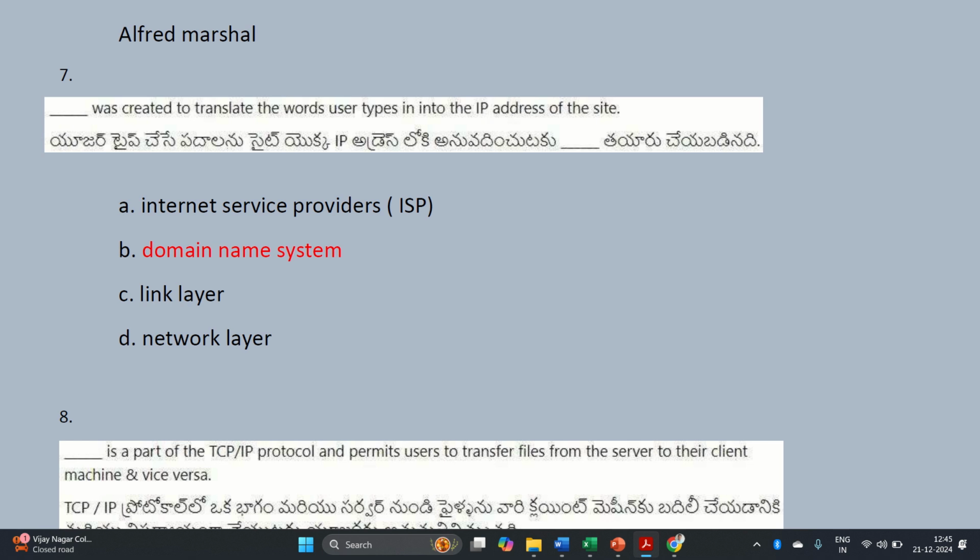It is a system that translates domain names into IP addresses which are used to access resources on the internet. When you type a domain name into your browser, a DNS server translates the name into an IP address. This allows you to use words instead of numbers to access websites.